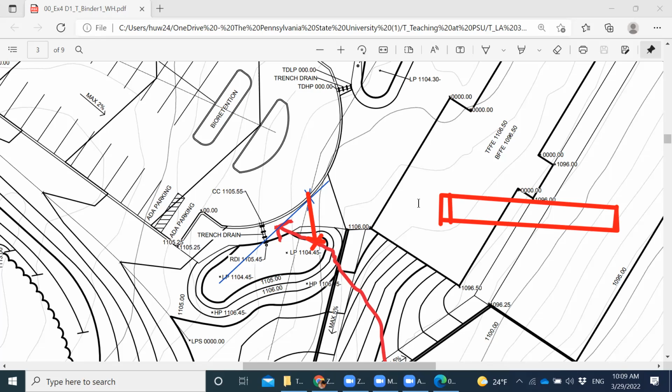So this is the parking. And this is the bottom of the trench. This is where people walk. And now, because the plaza doesn't have a curb, it actually just goes down like that.